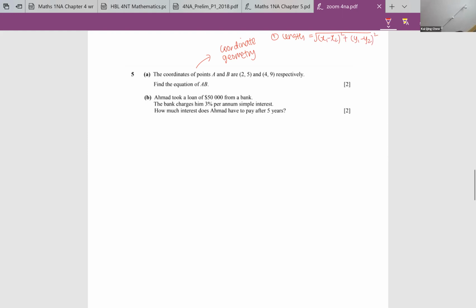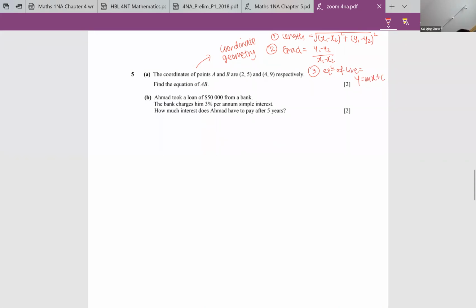Those who just came in, please remember to do your notes, because there are quite a few things to remember. Then we also have gradient, y1 minus y2 over x1 minus x2. And then equation of line, which is y equals mx plus c. Quite a few things from this chapter.